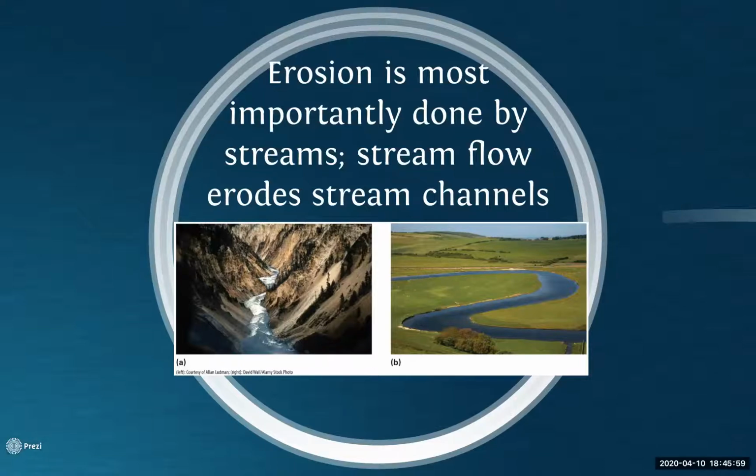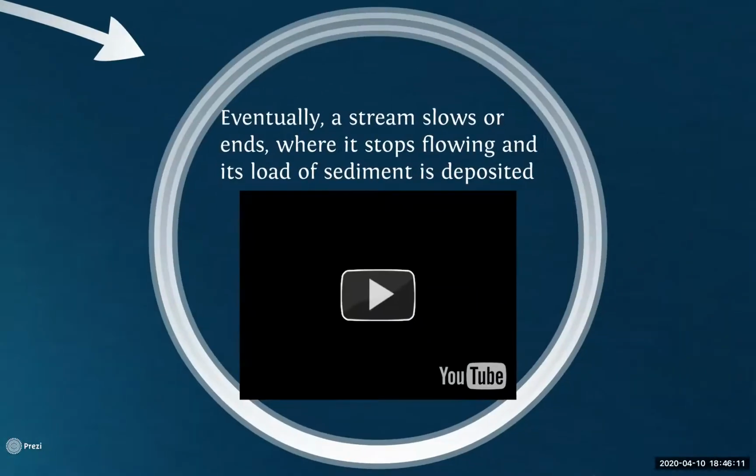Photographs are 2 examples of valleys, one being a narrow V-shaped valley, the other being a wide valley containing a meandering river. Eventually, a stream slows or ends and sediment is deposited.